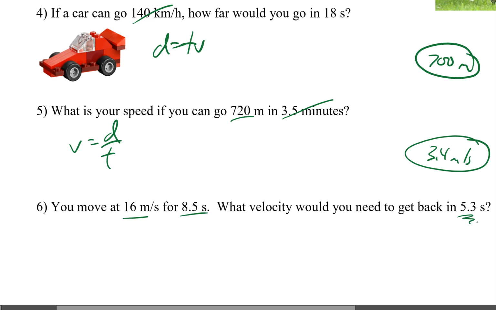So it's DTV and then DTV again. You find the distance using the first speed and the first time, and then use that distance with the second time to find your second speed. And it is velocity, so since you're coming back, it should technically be negative. Hopefully you'll end up with negative 26 meters per second when you're all done.